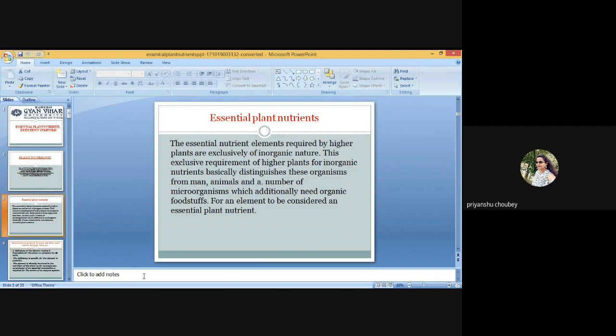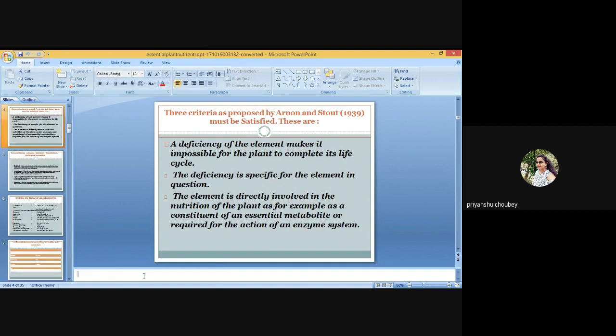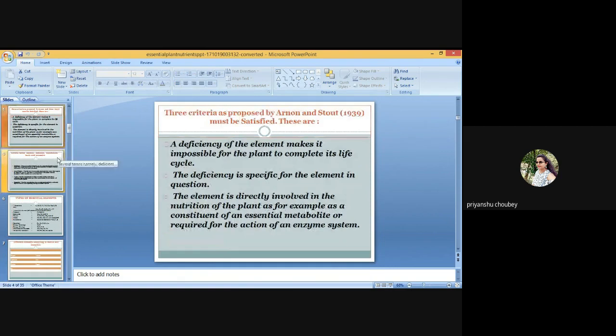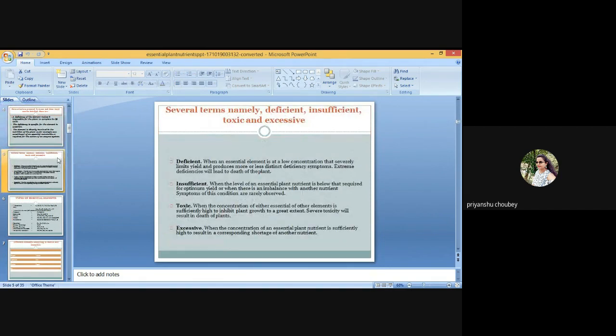Plant nutrients and the periodic chart of elements: the periodic-wise distribution of the essential nutrients. In the first period, hydrogen. Second period: boron, carbon, nitrogen, and oxygen.